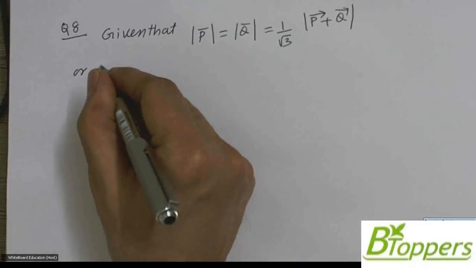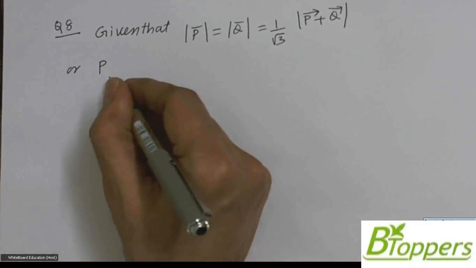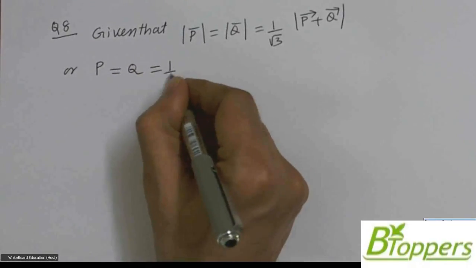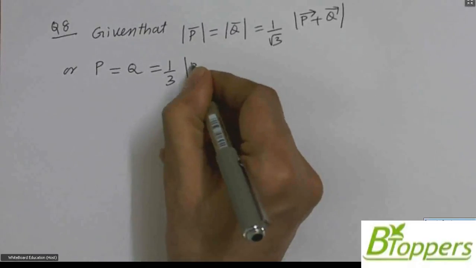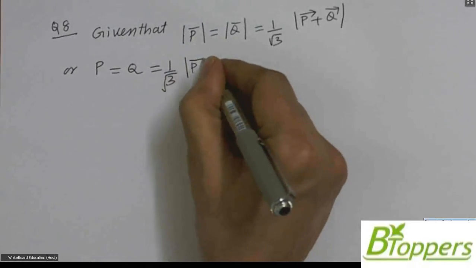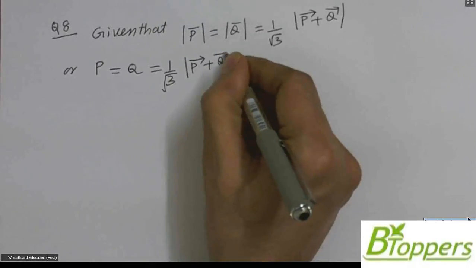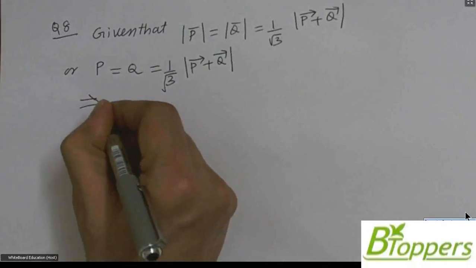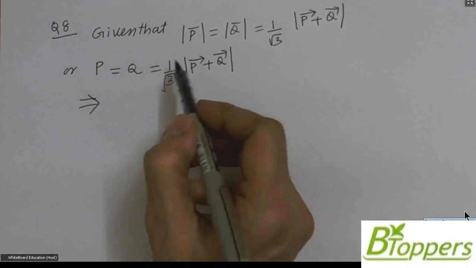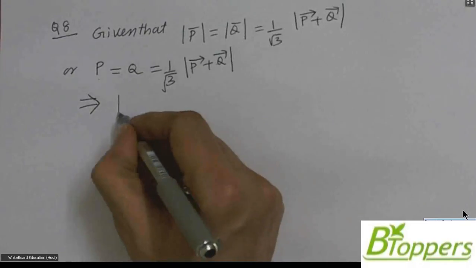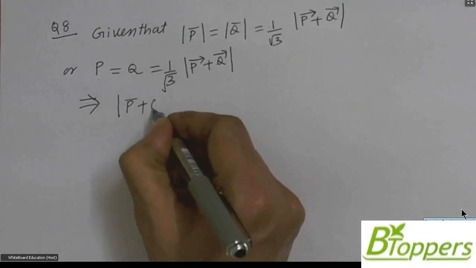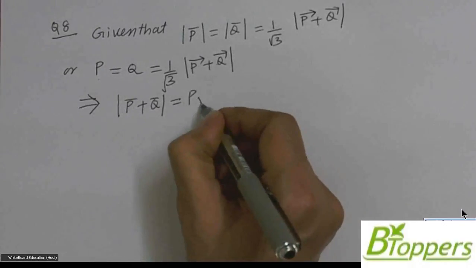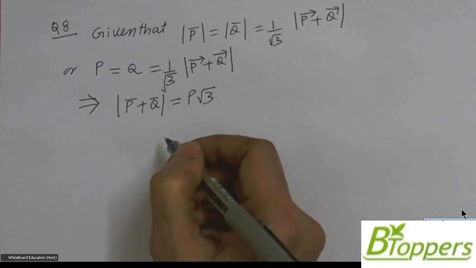Or we can write mod of P bar can be written as P. Mod of Q bar can be written as Q. That can be written as 1 by root 3 times magnitude of resultant of P bar and Q bar. So this implies that if you consider first and last, you can write magnitude of resultant of P bar and Q bar equal to root 3 times magnitude of P bar.